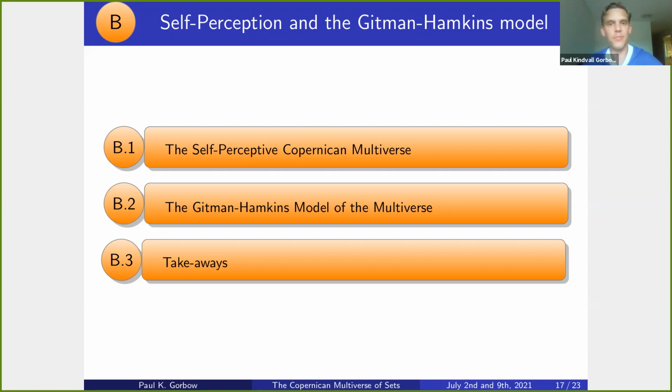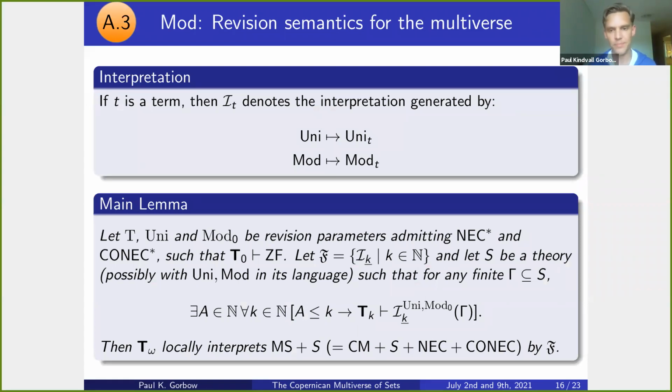So last time I went through the general technique involved in this Copernican multiverse. Just recapping a little bit, this is the main lemma. It's a little bit technical, but basically you can start with a really great variety of different revision parameters, and this parameter set, in particular the UNY parameter, sets what your multiverse conception is.